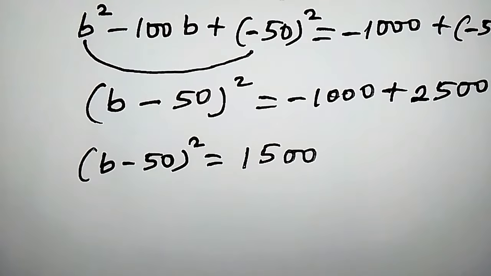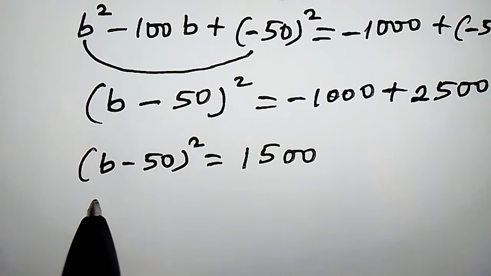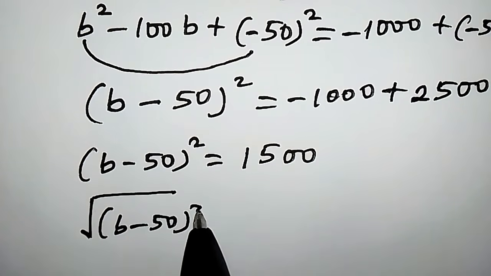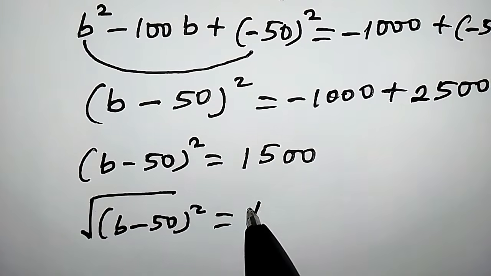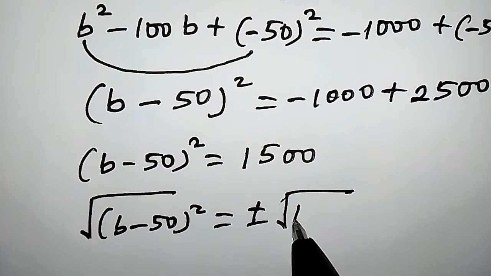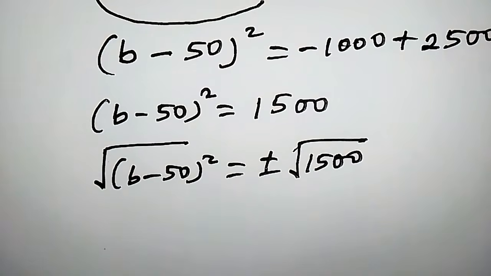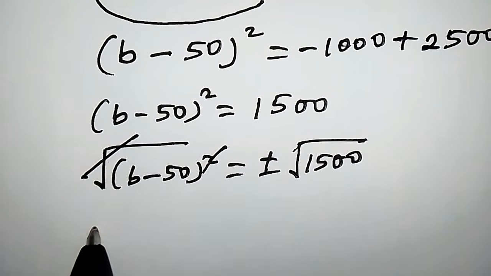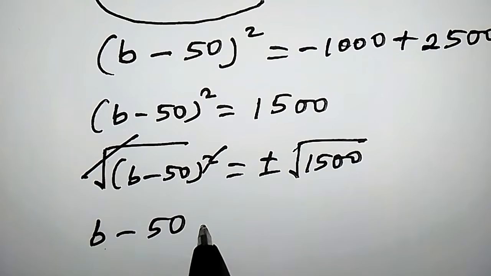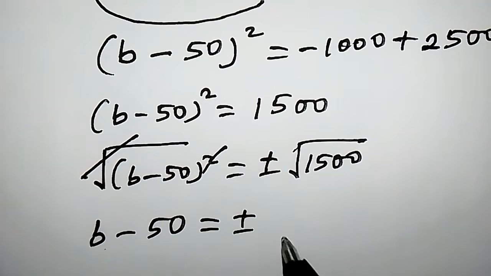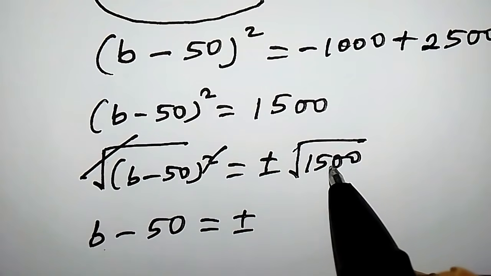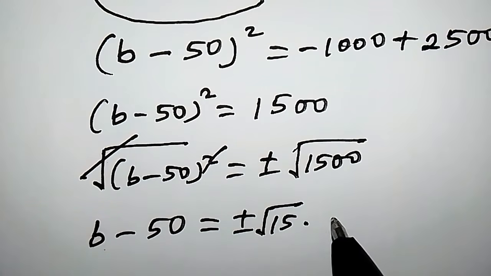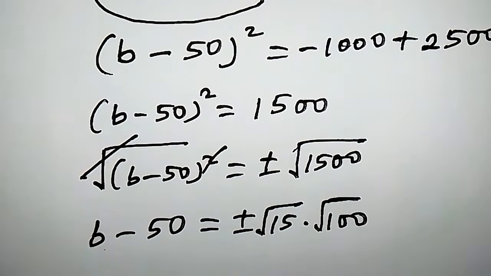Now, let us take the square root of both sides. We have square root of B minus 50 all squared equal to plus or minus square root of 1500. Clearly, this square root takes care of this power. We are left with B minus 50 equal to plus or minus square root of 1500, which could be written as square root of 15 times square root of 100.